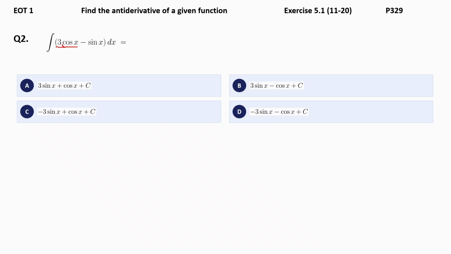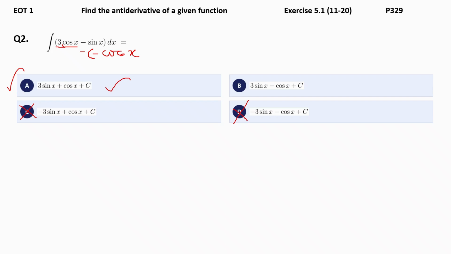So you can cross out option C and option D. Now, negative sin x: you already have a negative sign, and the integration of sin x is negative cos x. So negative of negative becomes positive. In that case, option A is the right answer.